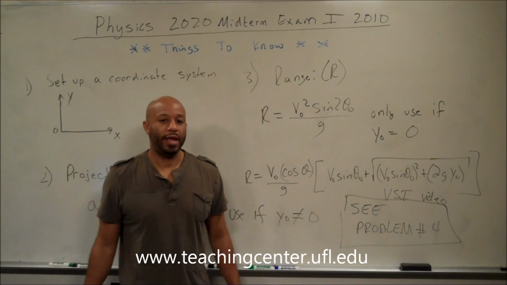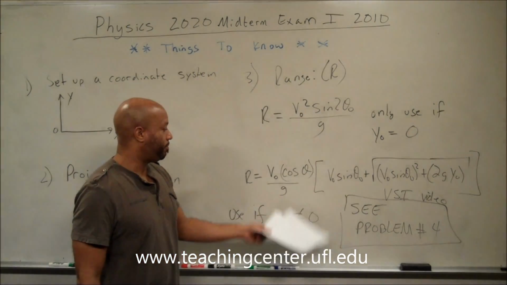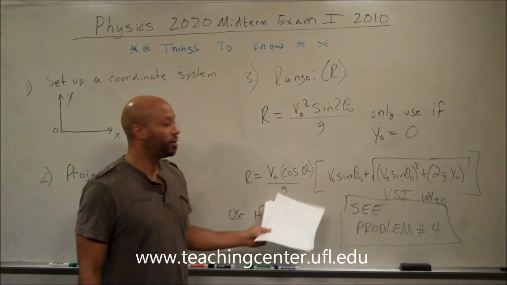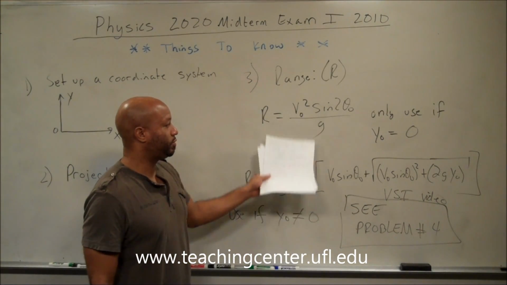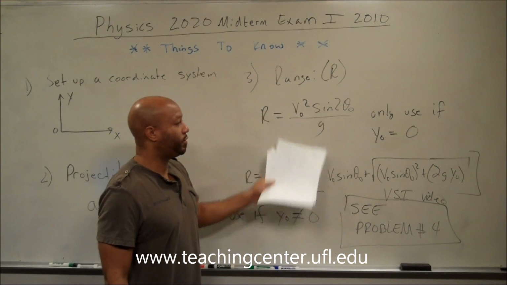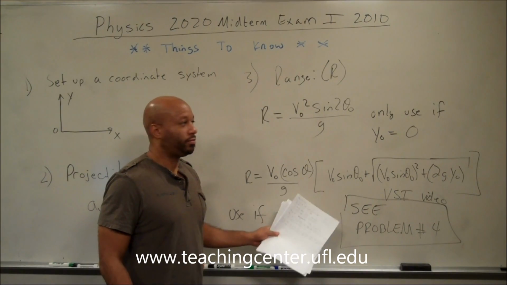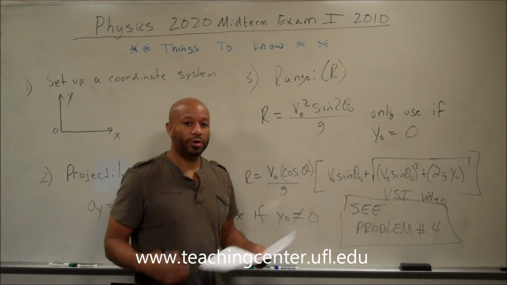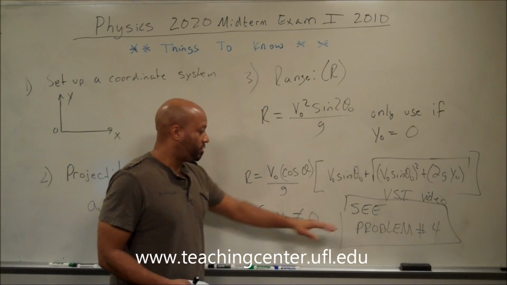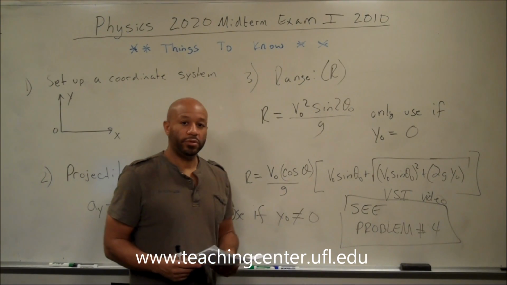I go through an explanation of when we don't want to erroneously use the equation given on the formula sheet, and instead use this equation because our initial y doesn't equal 0. I go through an example of that, so see problem number 4 if you want that information. Good luck.